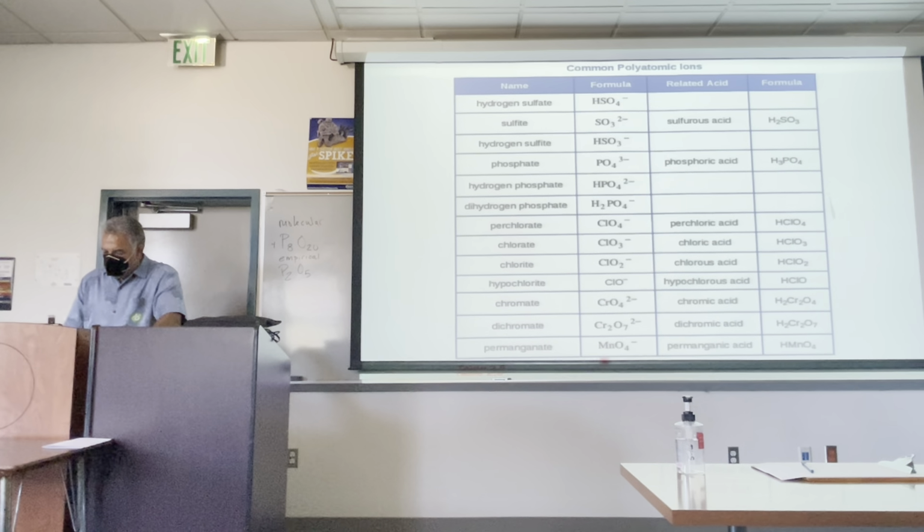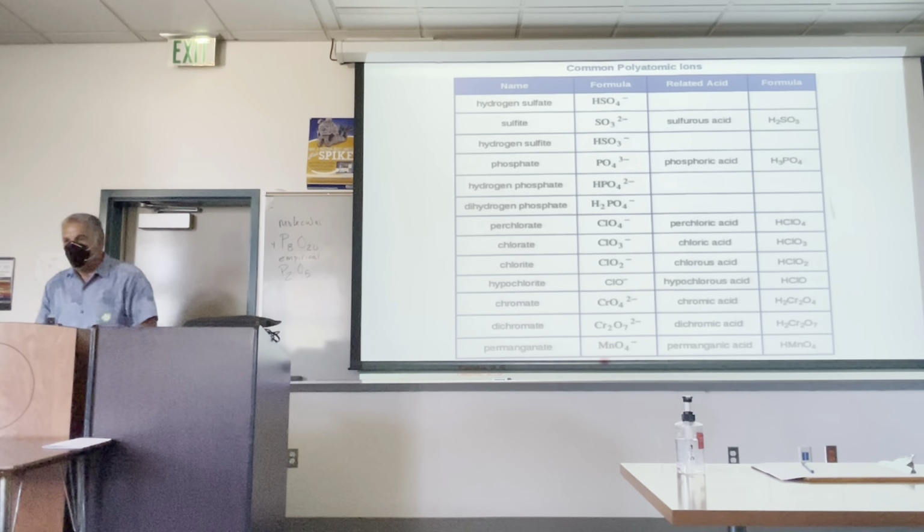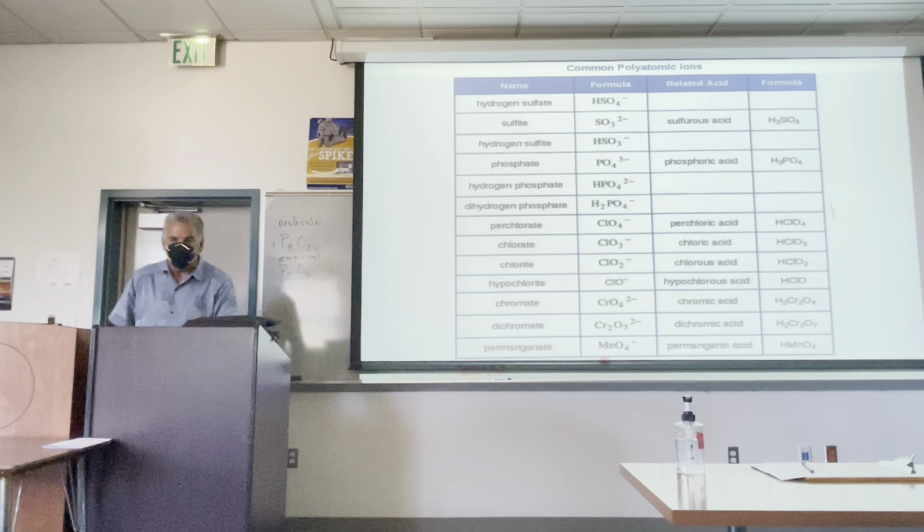And we're going to get into how you calculate why these are 2- or 4+ or whatever. Question. What's chromic acid used for? Beats me. Okay. But we used to use it a lot for plating, in the old days. Chromic acid, for chrome, yeah. We also used it for film, Kodachrome.